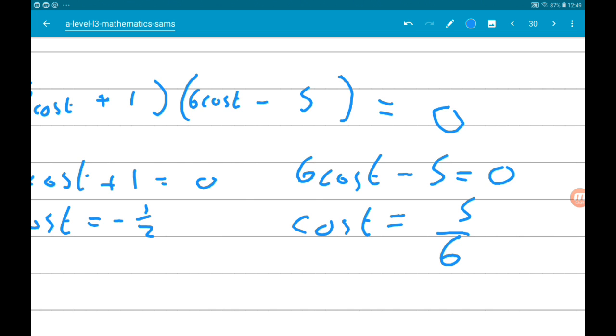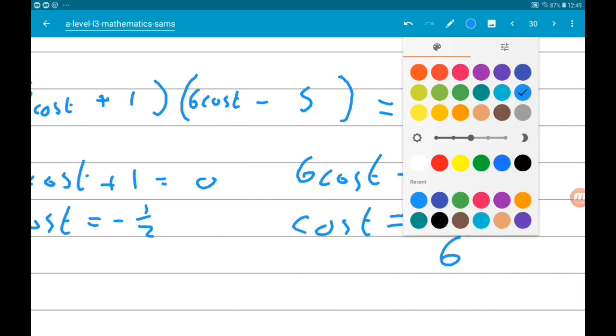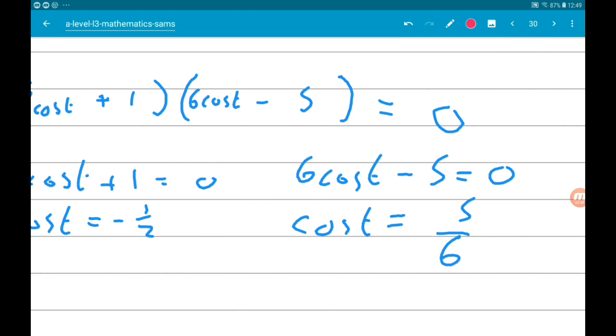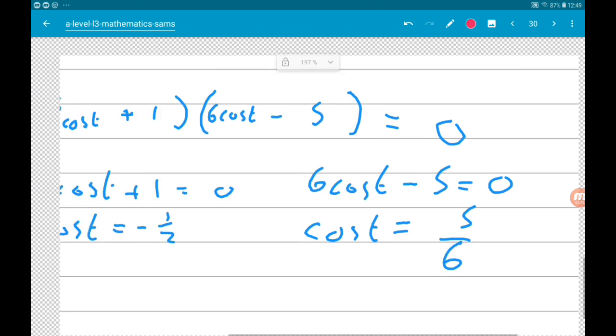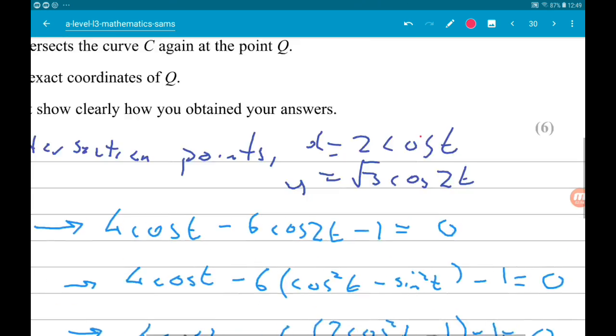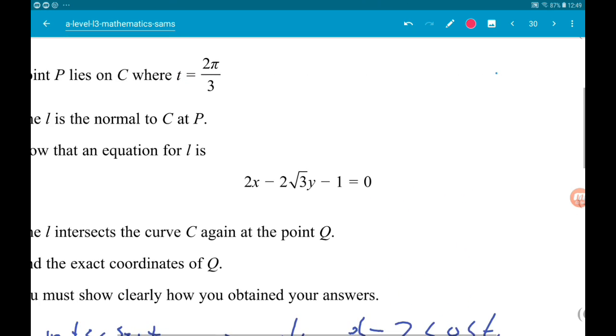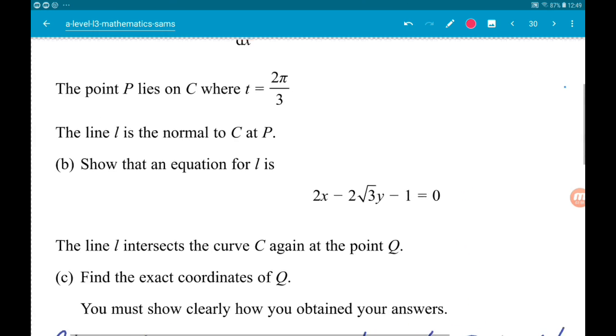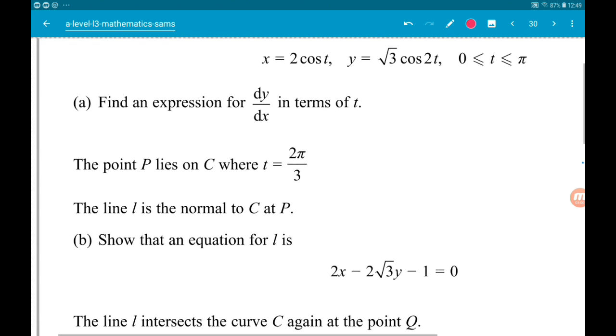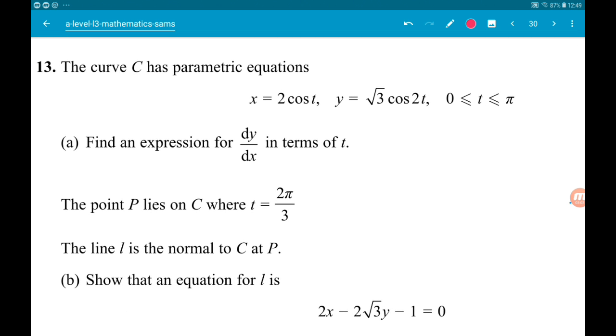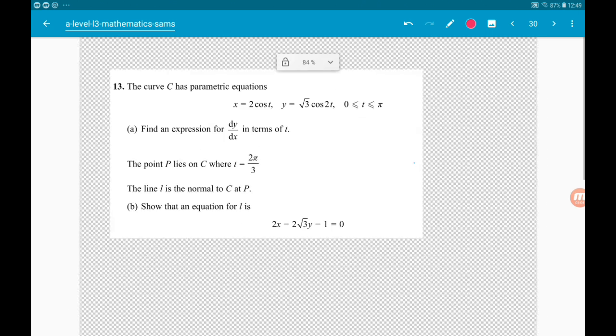Now remember, we're not trying to find the value of t, we're trying to find the values of x and y. So, now that we know that cos t is 5/6, we can use the parametric equation for x. So we know that x is 2 cos t.